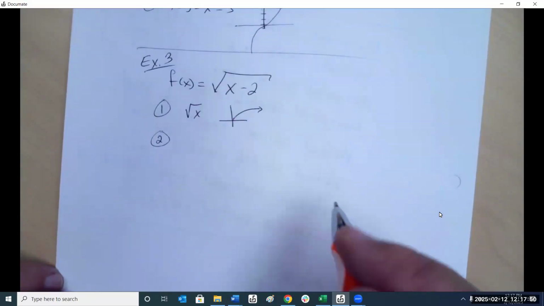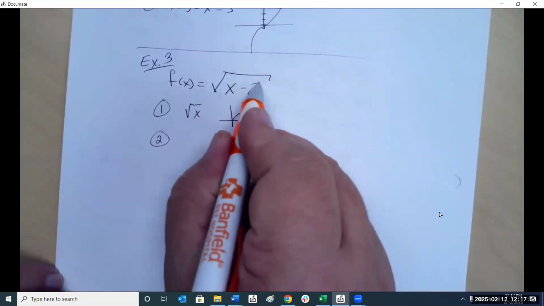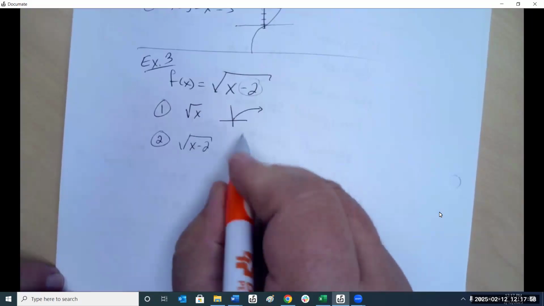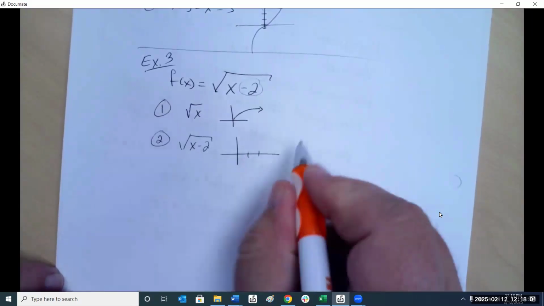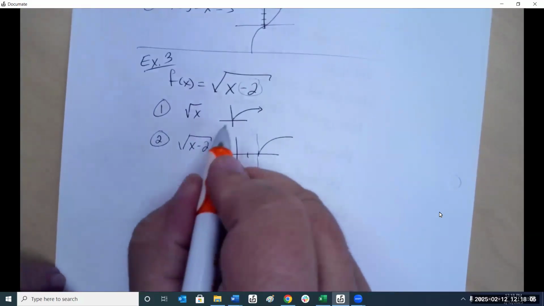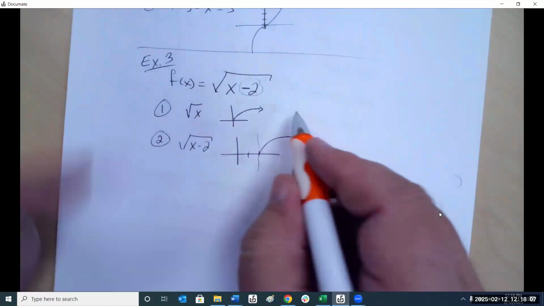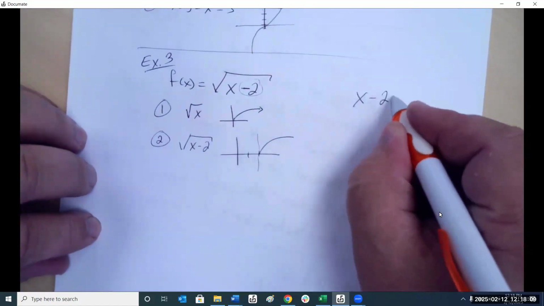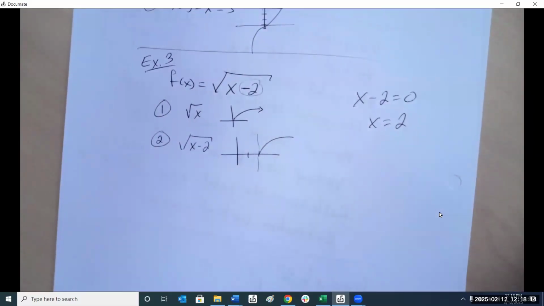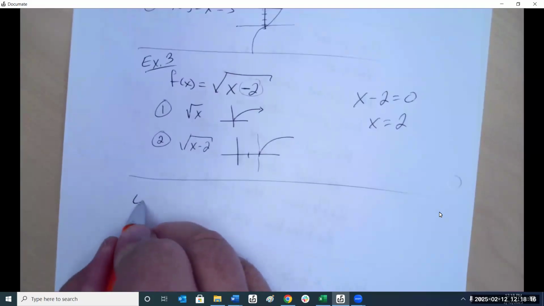Now the 2 is happening inside, so is that a horizontal or vertical shift? Horizontal. How many spaces? Which direction? 2 to the right. So there's my new origin, and there's my graph. Again, it's opposite. This is -2. What happens here is I have to take this, set it equal to 0, and there's my new origin. That's why it's the opposite.